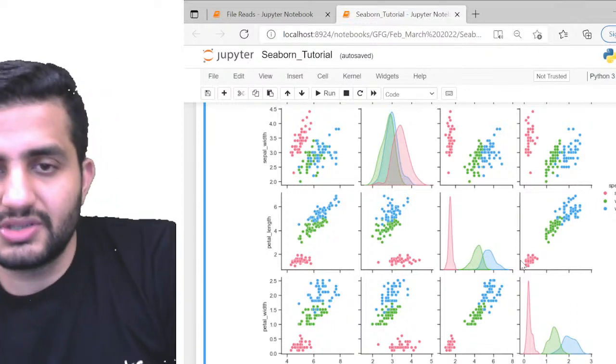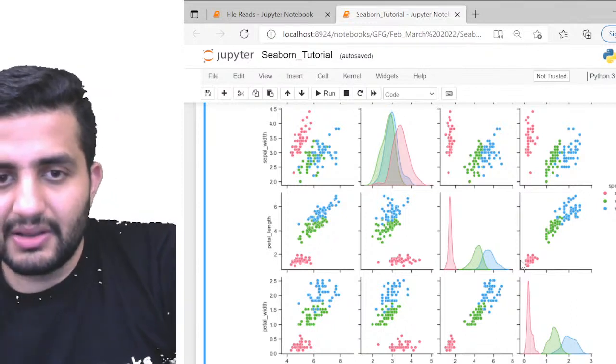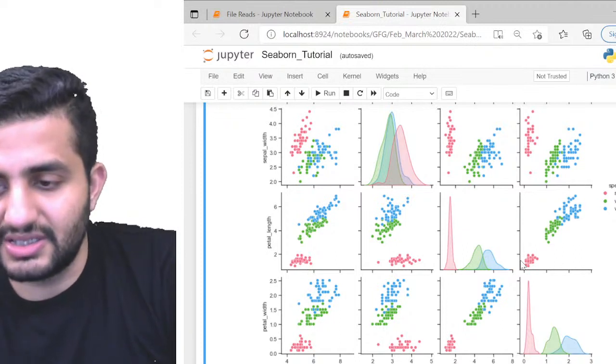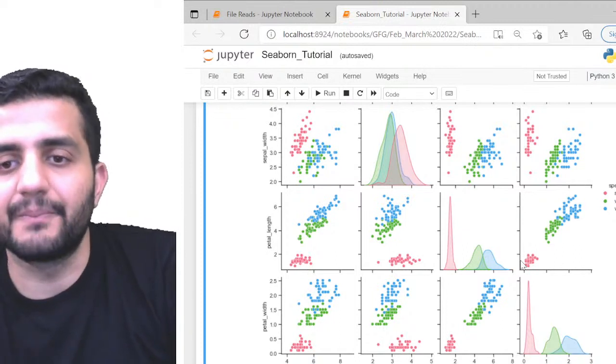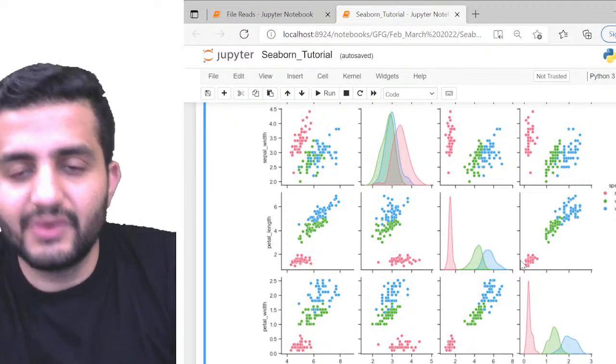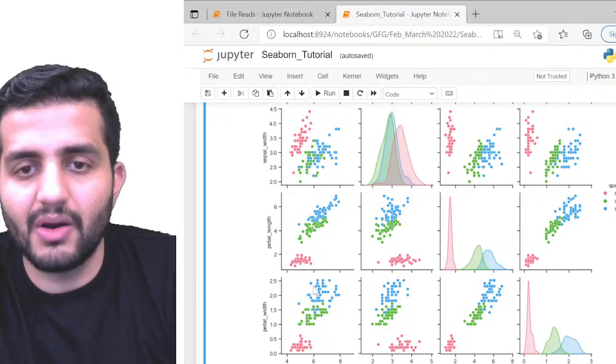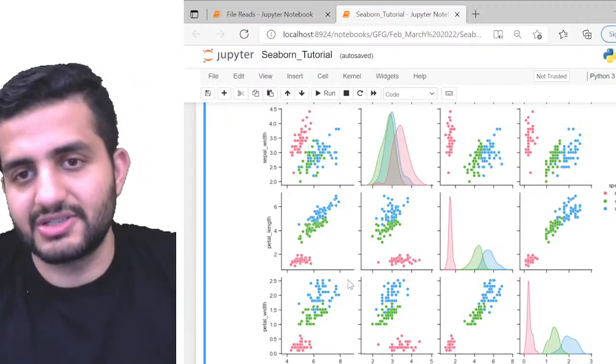For the Setosa species, the petal length and petal width are very small. It's a smaller species compared to versicolor and virginica. So the ranges of the values of the Setosa species are very small.